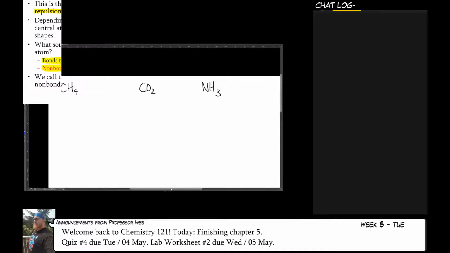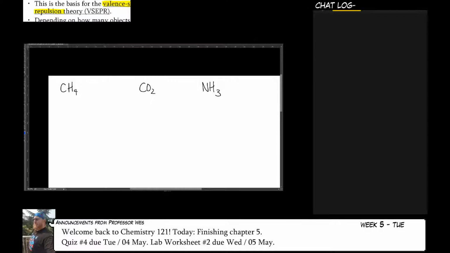So first, draw the Lewis structure like we did yesterday. Then count the number of electron groups. We only care about electron groups around the central atom, that's the first atom that's listed. So go ahead and do that, and we'll go over the answers in about 3 minutes or so.